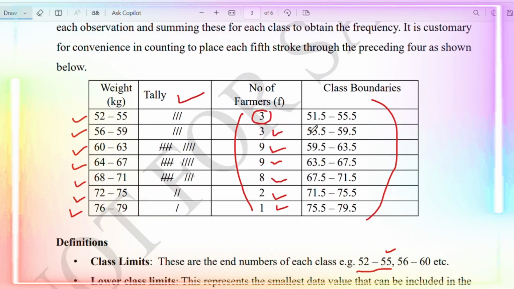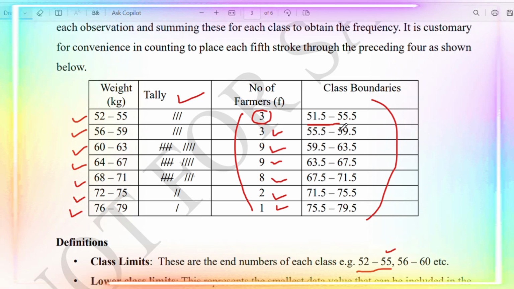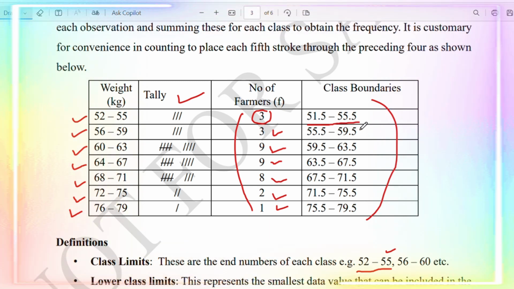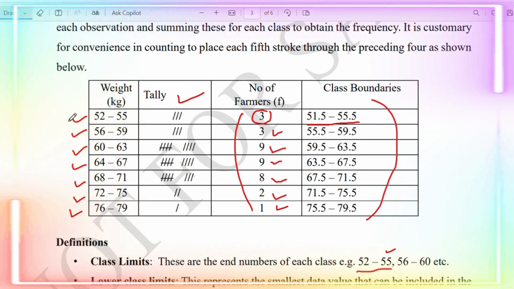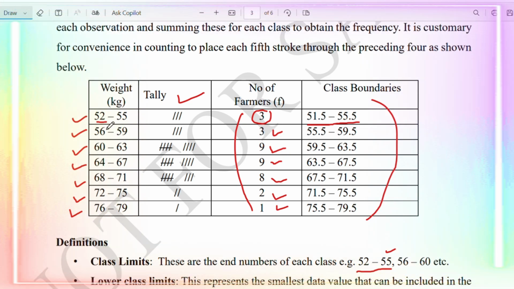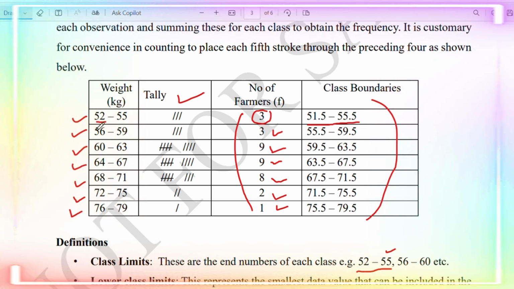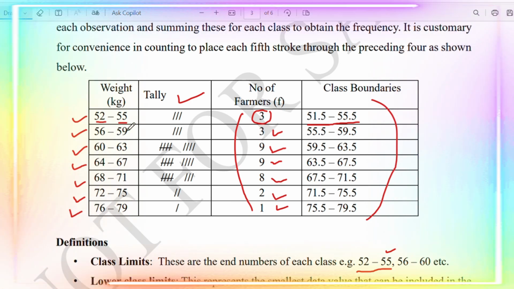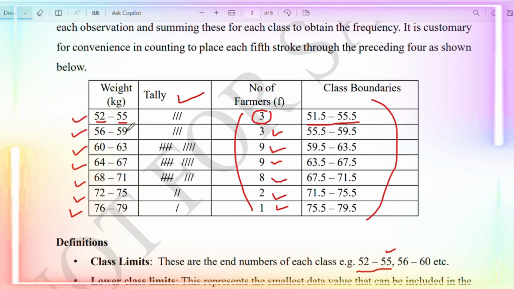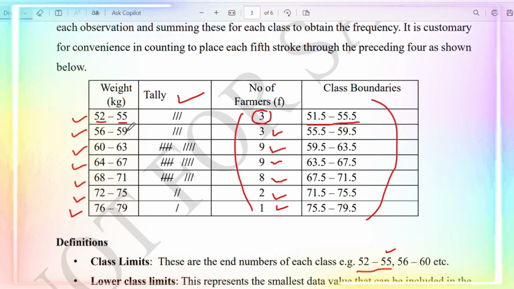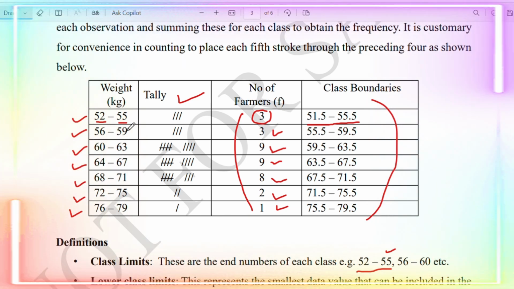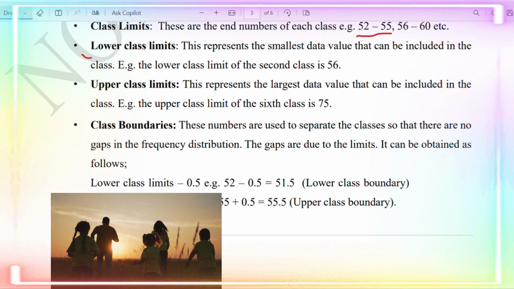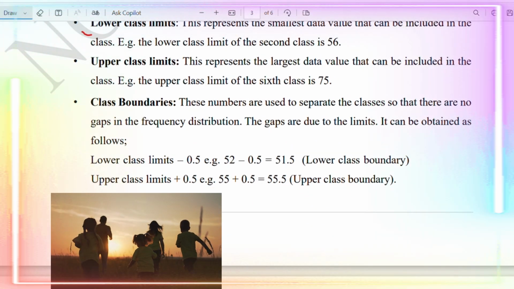You will see that we have 51.5 to 55.5 for the class boundary. What we simply did was to subtract 0.5 from the lower class limit and add 0.5 to the upper class limit. So that gives us 51.5 to 55.5.